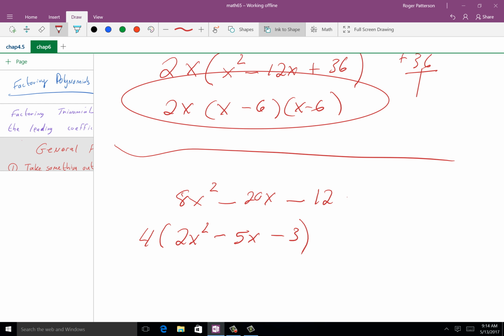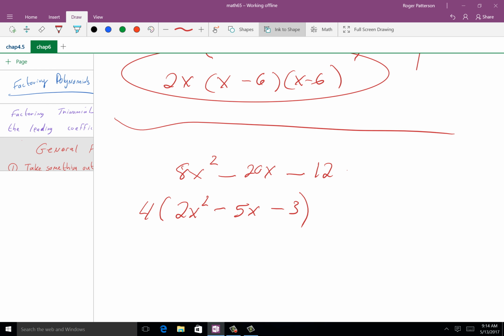Okay. Next on the list, what should we check for now? Is there a difference of 2 squares? No. Is it a trinomial? Yes.